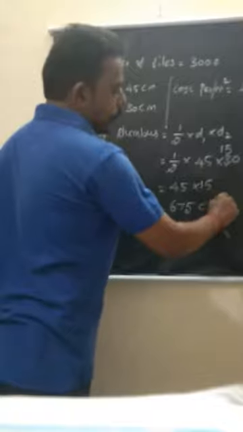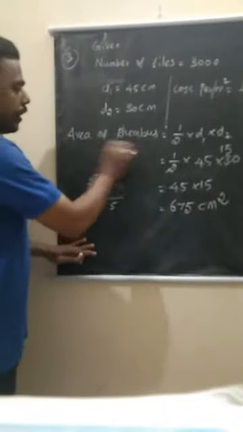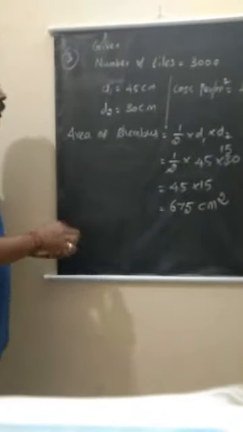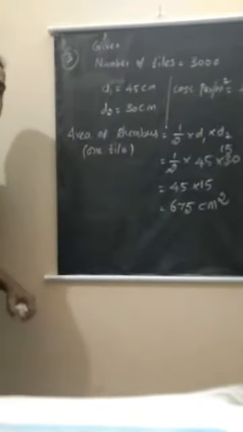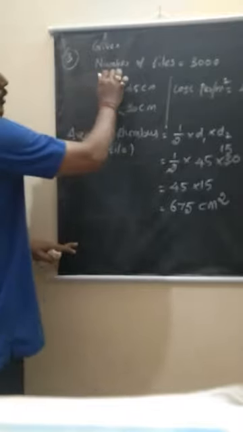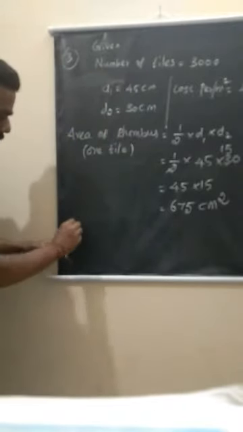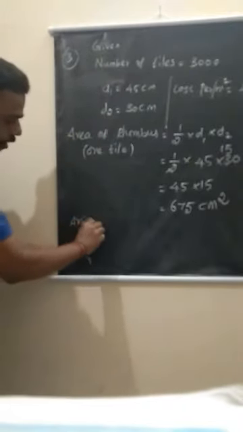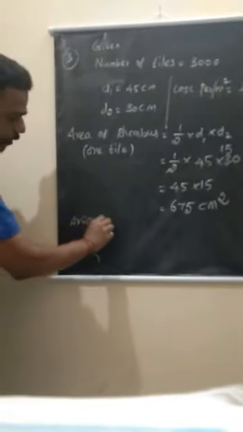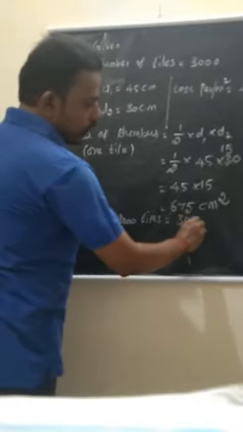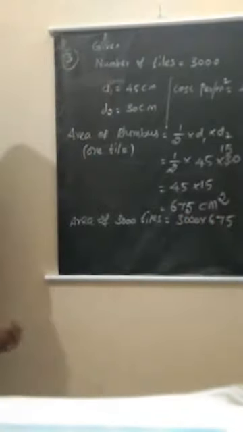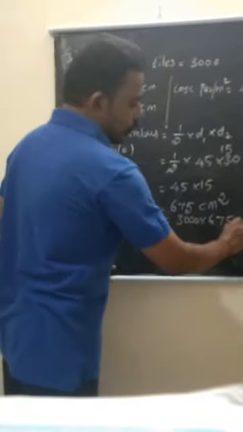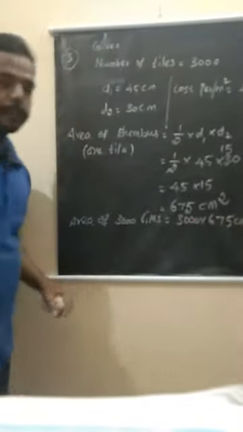So centimeter square. So area of what? One tile. Now the area of 3000 such tiles. So area of 3000 tiles equal to 3000 into 675. Here centimeter, so centimeter square is the unit.